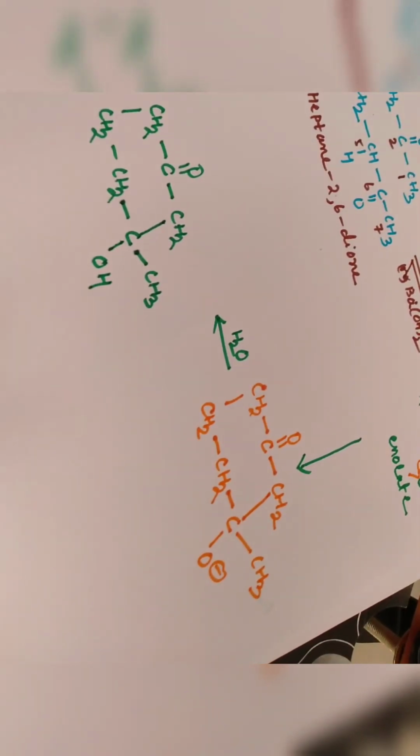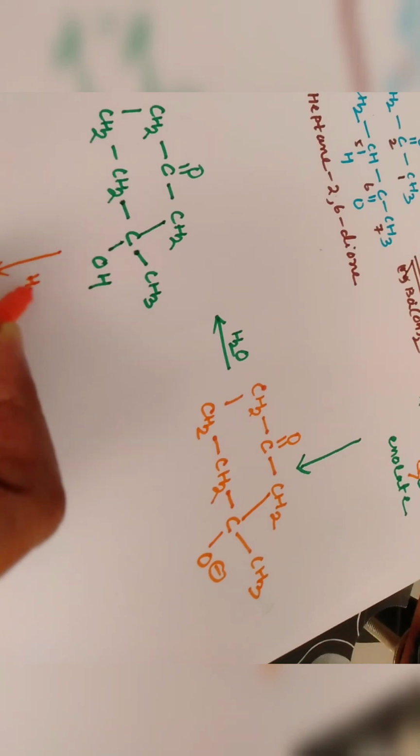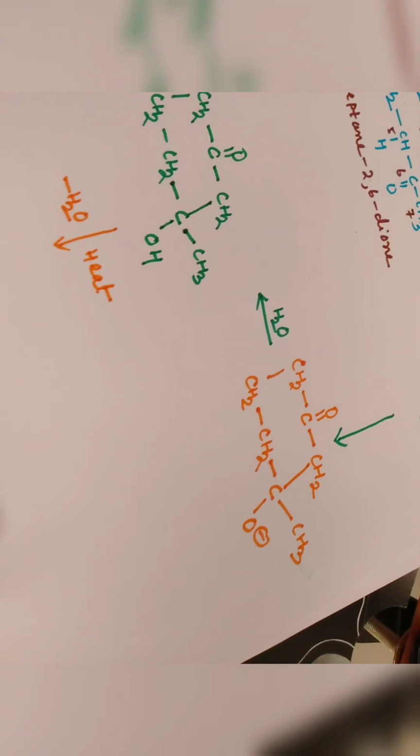Now next what happens? Here OH is already there. Again we will heat this compound. When you heat this compound, a water molecule is removed. So how will the water molecule be removed?